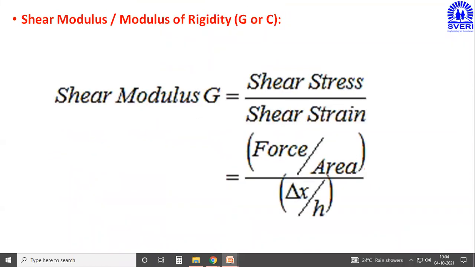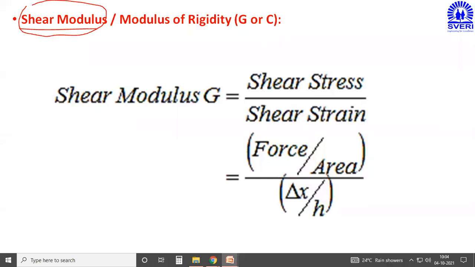Then second, shear modulus or modulus of rigidity. Here the name itself suggests that the word shear is mentioned in the name of the elastic constant.